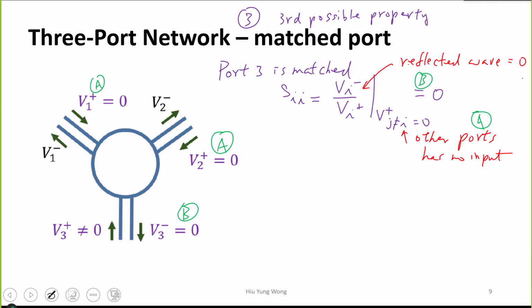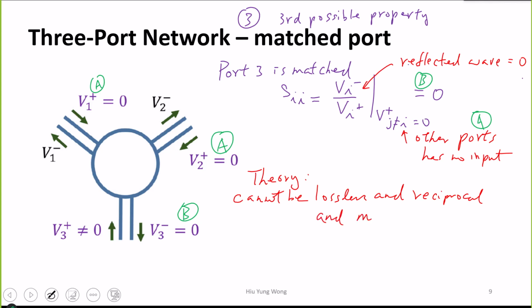However, the theory is that you cannot be lossless, reciprocal, and matched at the same time.